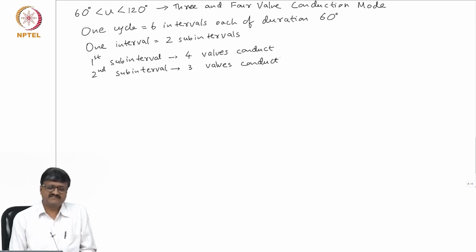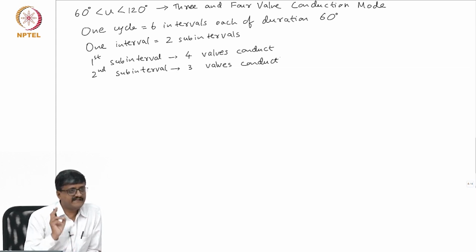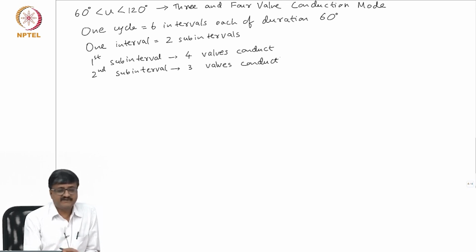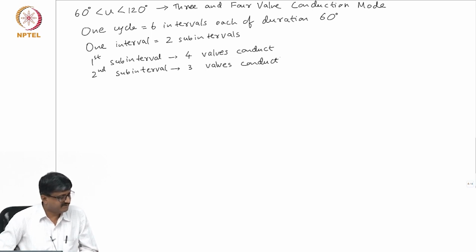See, this is somewhat similar to the definition of first and second subinterval in the 2 and 3 valve conduction mode also. So, in the first subinterval there were 3 valves conducting there, and in the second subinterval 2 valves were conducting. Now, in 3 and 4 valve conduction we call the 4 valve conduction period the first subinterval, and the other one the second subinterval.